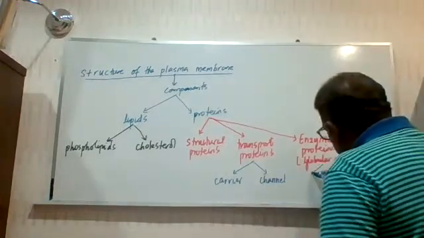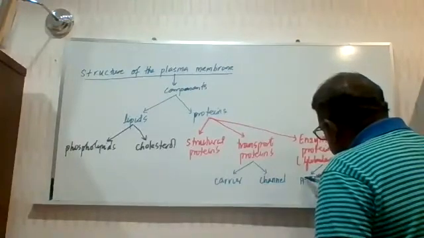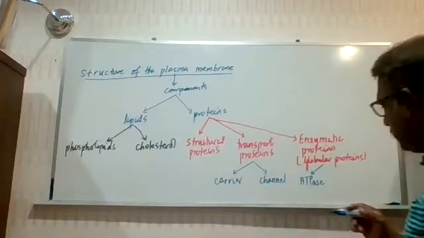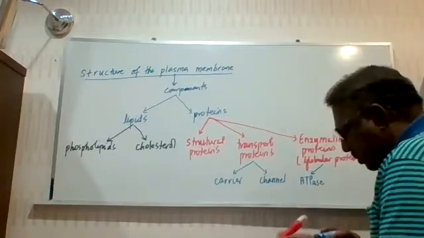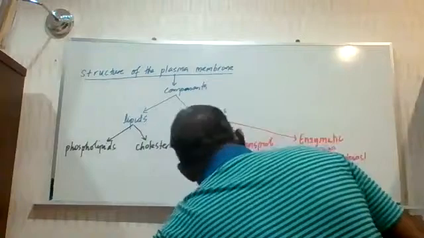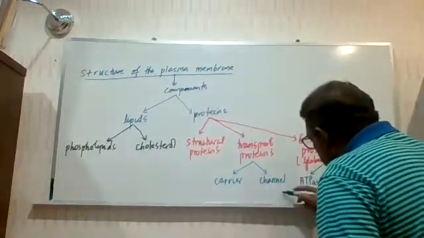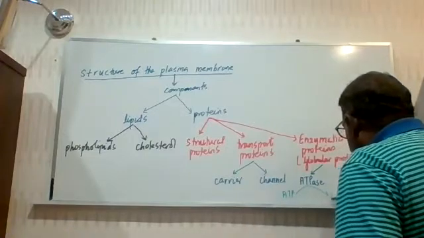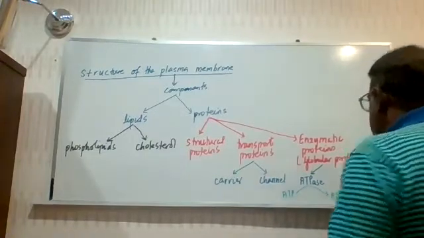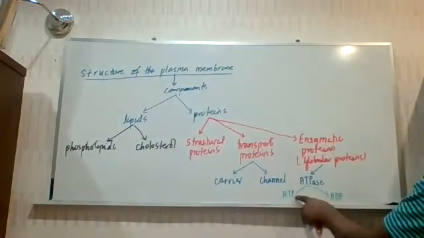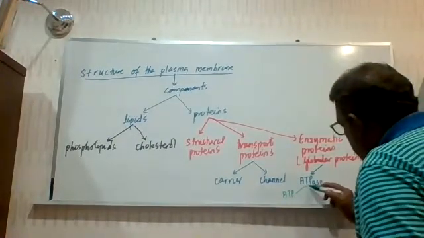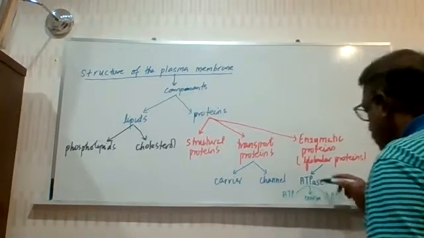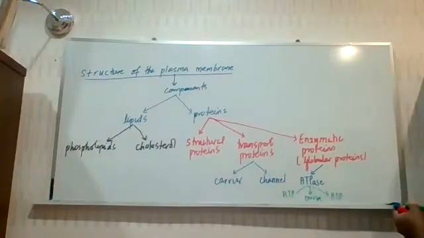I want you to know that on the plasma membrane of all cells you have the enzyme ATPase, because every cell will have ATP. The function of ATPase is to hydrolyze ATP to ADP, and in the process energy is released. So it's very important to be present in the plasma membrane of all cells.